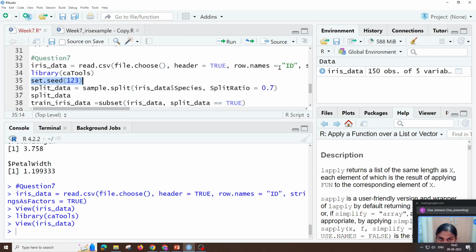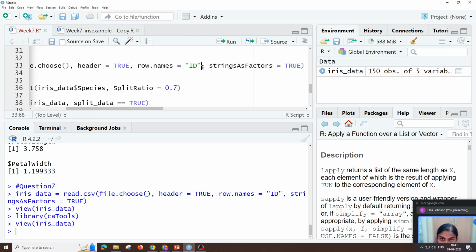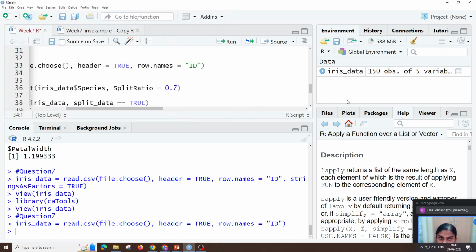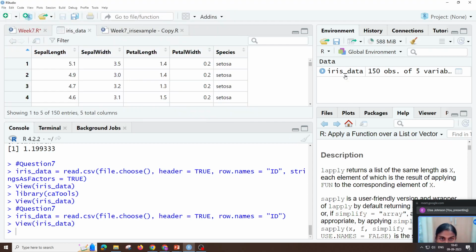I will show you that difference. I have removed that and taken the same thing. Now you can see column 5 written as character. That means it is just recognizing the species column as a character, and doesn't acknowledge that species is a categorical column.